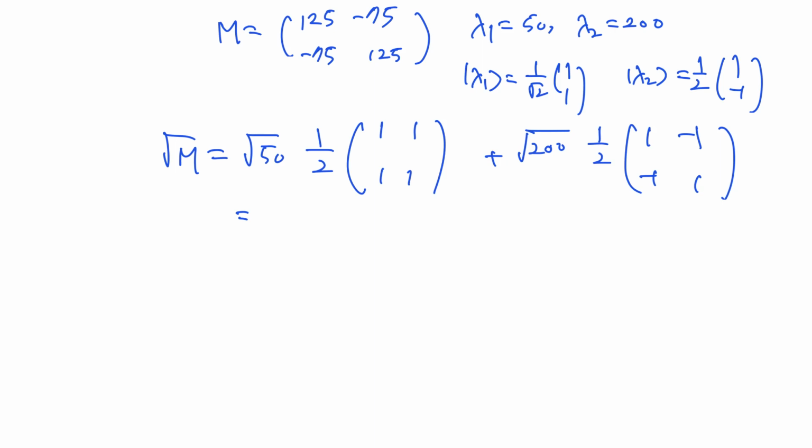That is 25 times 2, square root of 2 over 5 times (1, 1, 1, 1), plus square root of 2 over 10 times (1, minus 1, minus 1, 1).